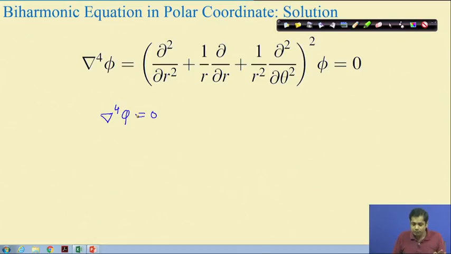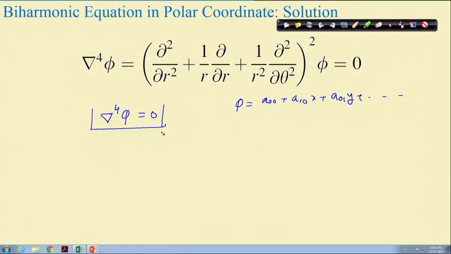We assumed that phi is a polynomial, say a00 plus a10 x plus a01 y and so on. All the polynomials up to cubic polynomial automatically satisfy this equation, because this equation is fourth order.